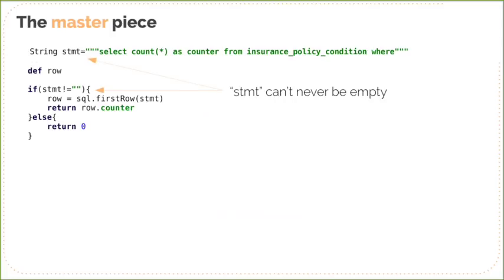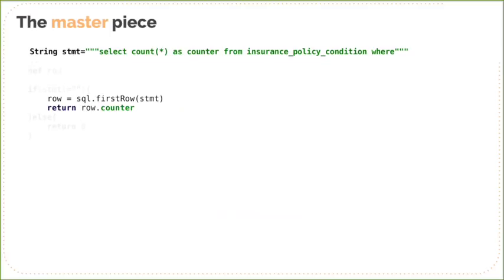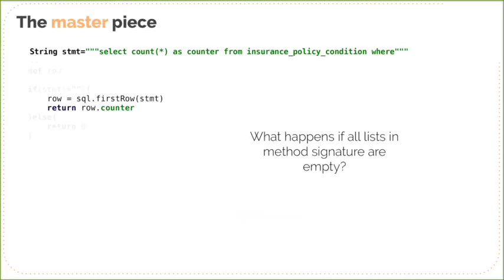We first initialize the statement with that string, and then we check if it's empty, which can never be, so it's actually not needed. And then we execute that query to get the counter. And what happens if all the lists in the method signature are empty? We are going to execute the query, select count star as counter from insurance policy condition where, and that query is not valid because it ends with a where clause, right?